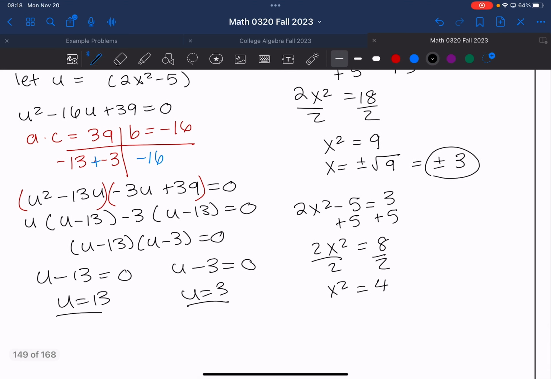And so once I take the square root of 4, am I going to have one or two answers? 2. I'm going to have x is equal to plus or minus the square root of 4, which is plus or minus 2. So that means I have my answers of negative 3, positive 3, negative 2, positive 2.